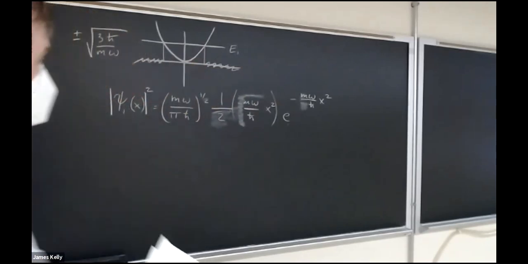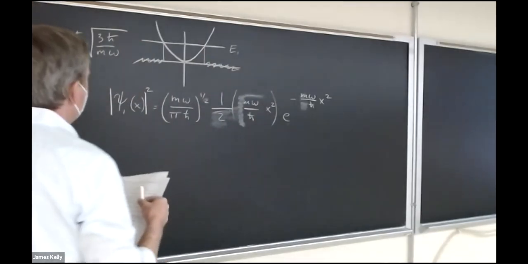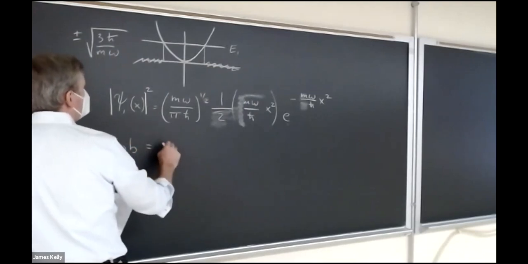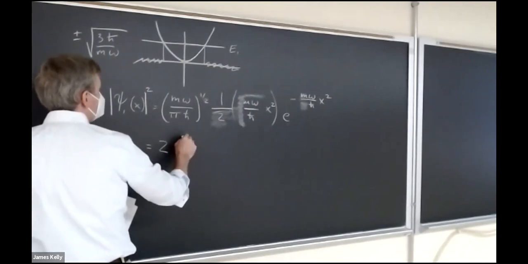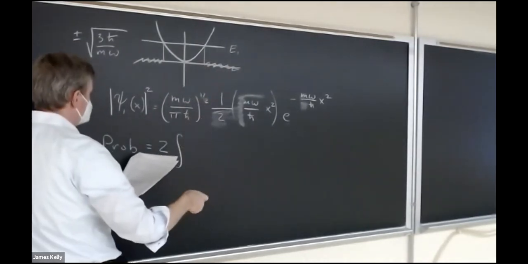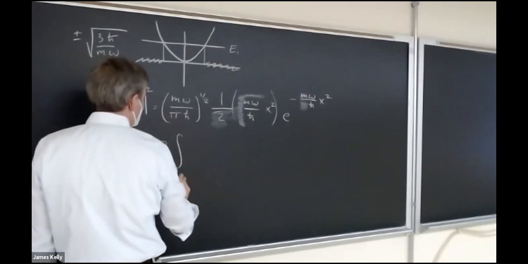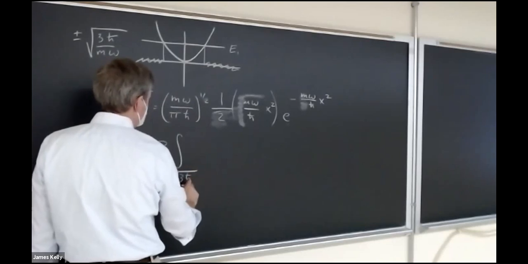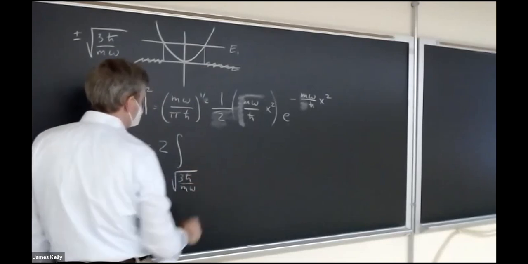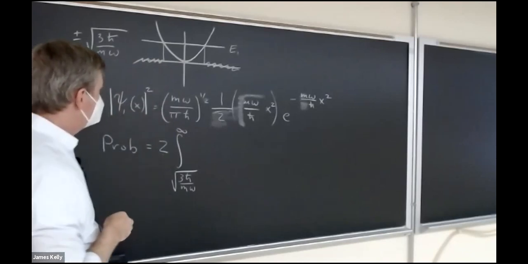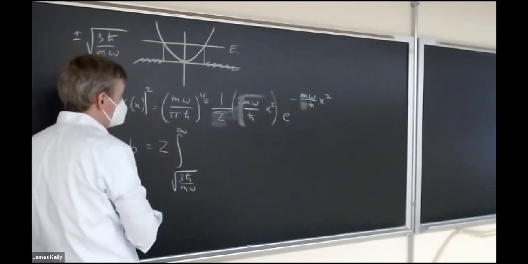So I'm going to say the probability that's asked for is 2 times the integral from this location, and if I remember, I'm assuming my number there is correct, that's the square root, somebody tell me if I'm misremembering, 3 h bar over m omega. Correct. To infinity. And then I'm doubling it because it's going to be the same probability over there on the left of this thing squared, right?